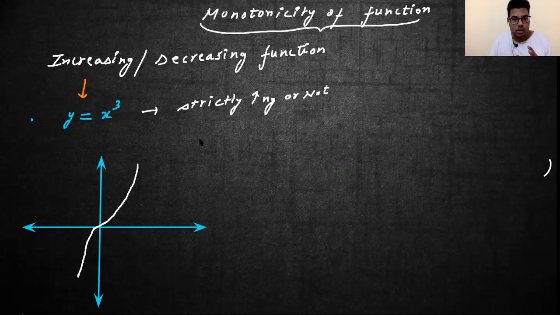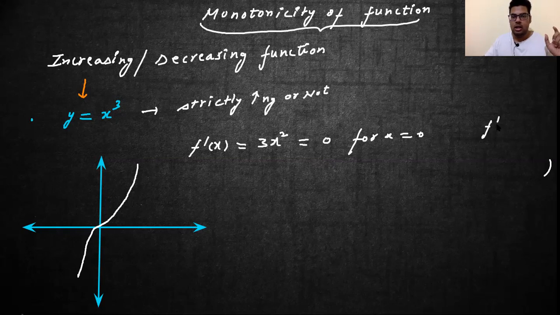We know for sure f dash x equals 3x square, which is 0 for x equals 0. So you have that case in mind that we were doing, f dash x greater than or equal to 0 type, because x square is also positive, so it will always be positive. For this function we are getting f dash x greater than or equal to 0, right? So shall we say that the function is non-decreasing instead of strictly increasing? So this is the question.